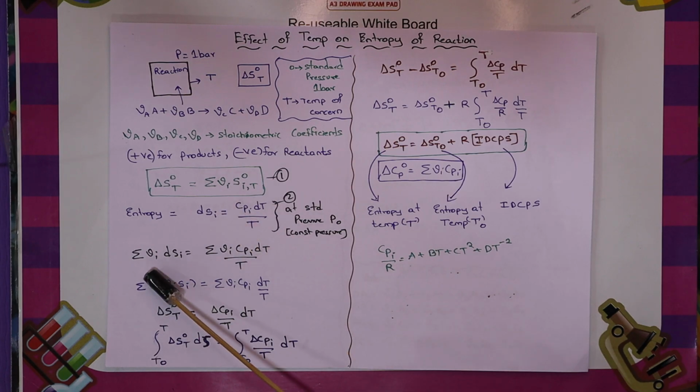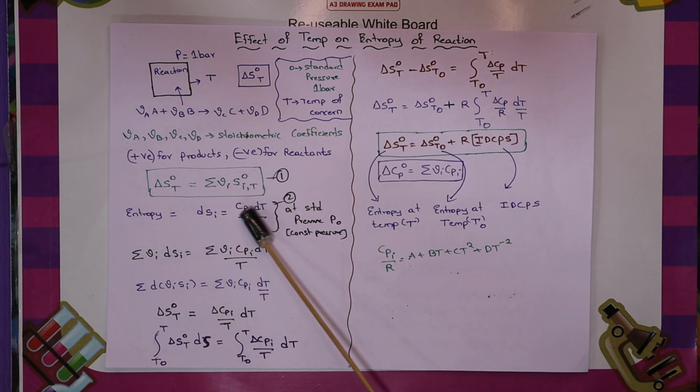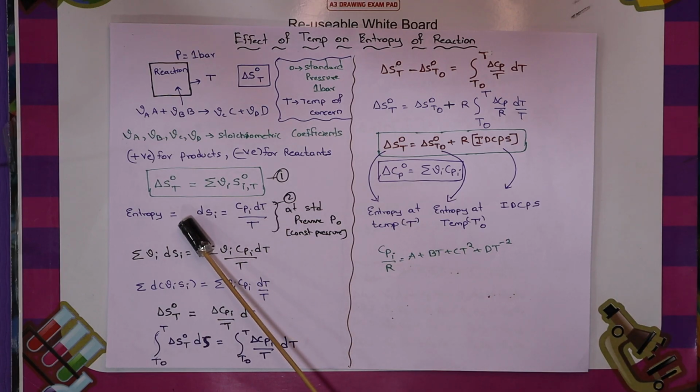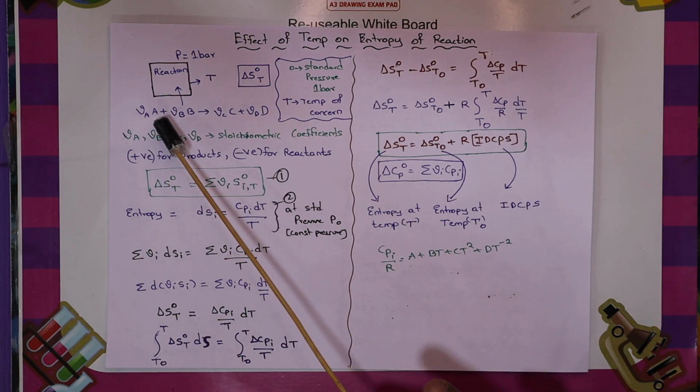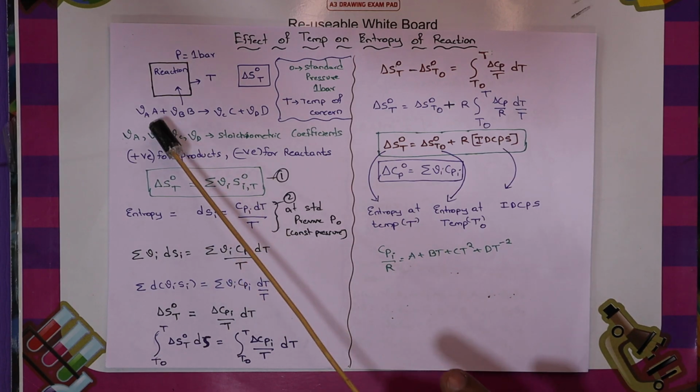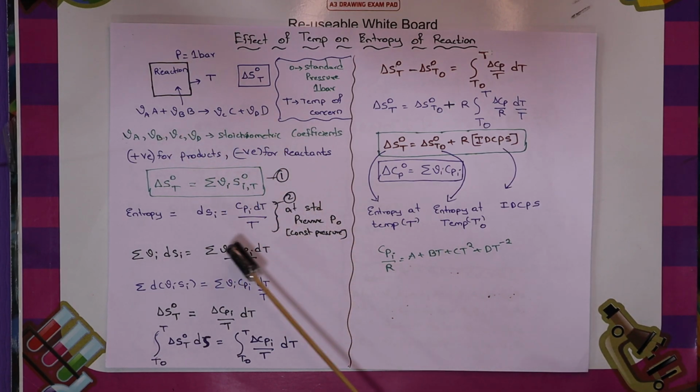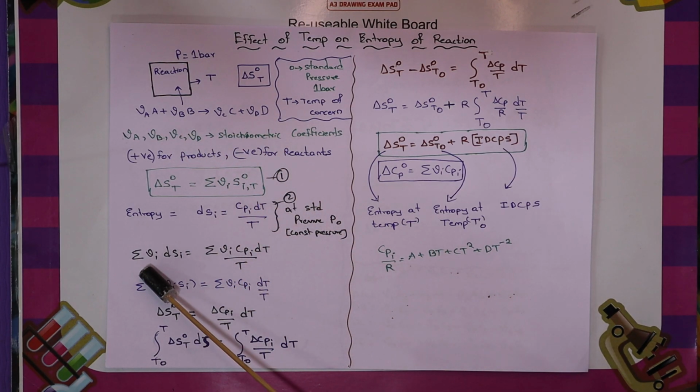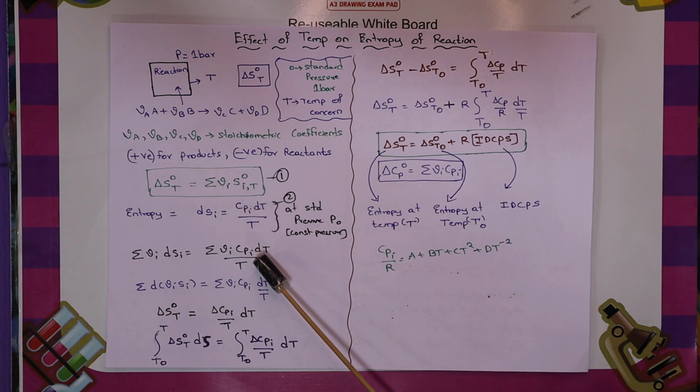So what happens? You take this equation and apply the sigma function, because there are different molecules involved in the reaction. You have to sum over all the molecules in the reaction. If you take the equation, apply the summation and multiply it by nu i, the stoichiometric coefficient, this equation transforms to this equation. Because this is a stoichiometric coefficient, you can take it into the differential.